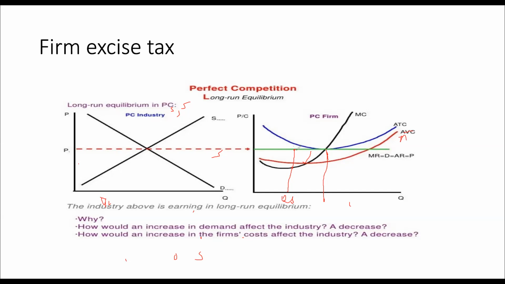If MR is higher than MC, I produce more. I need to go to the profit maximizer. On the other side, if I'm here, MC is higher than MR, so I decrease production and try to go to the profit maximizer.